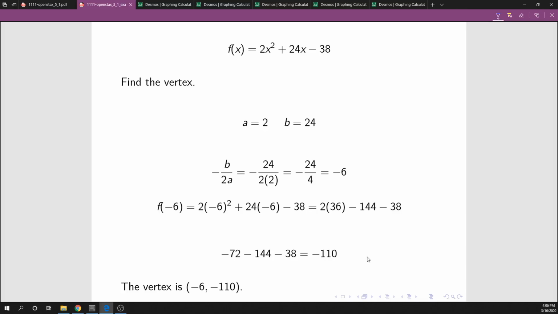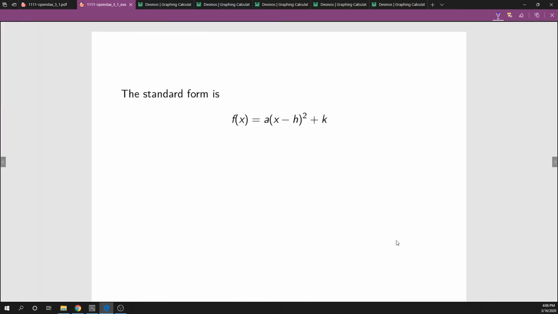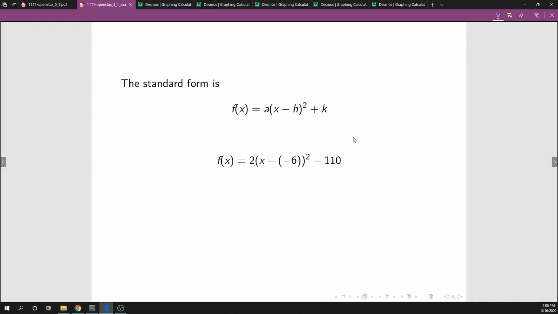All right. So now we are going to take that and put it in the standard form. Remember our A was 2. That's the number with x squared in the general format. And our vertex was negative 6, negative 110.